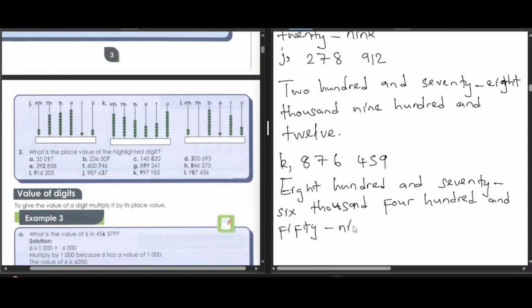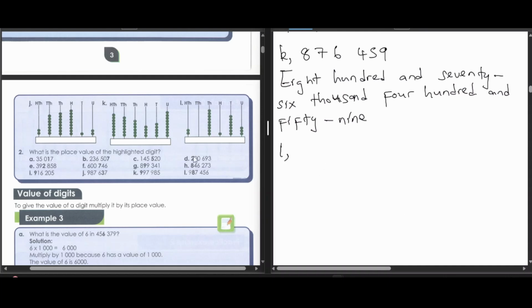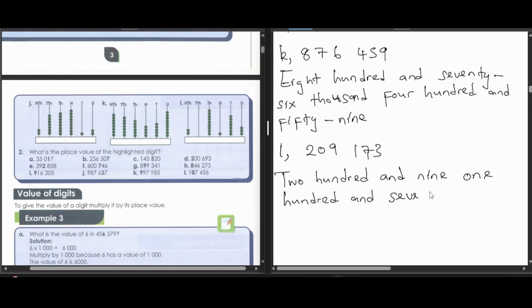So it's 59, like that. That's K. L ingeri 20 1 2 3 4 5 6 7 8 9 9 1 1 2 3 4 5 6 7 3 says saka ingeri chi 209 173 seizo maona. So that is the work.